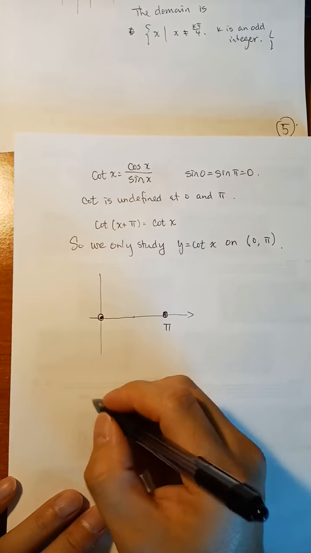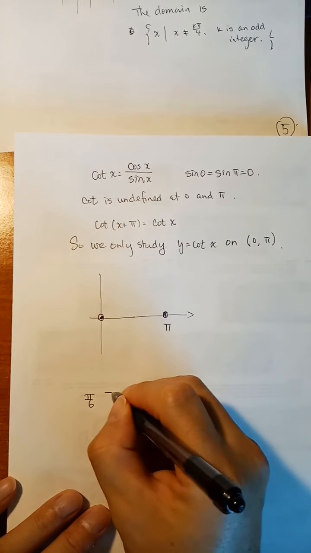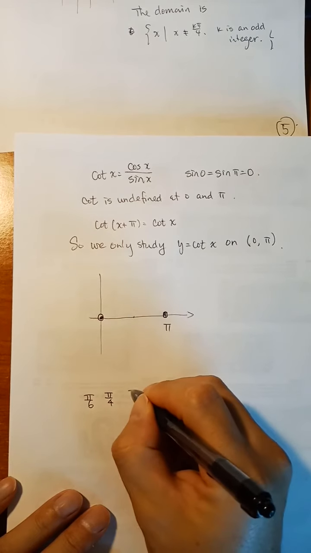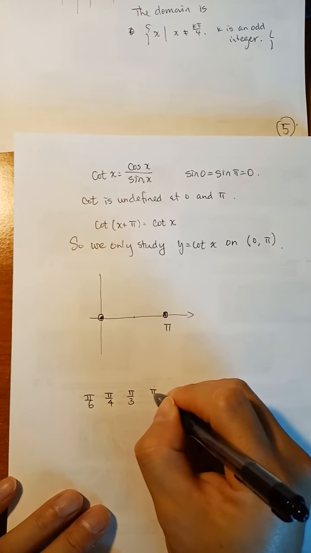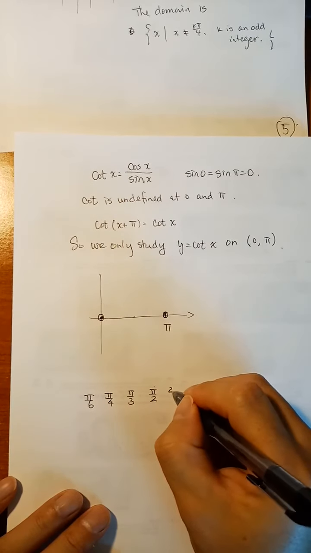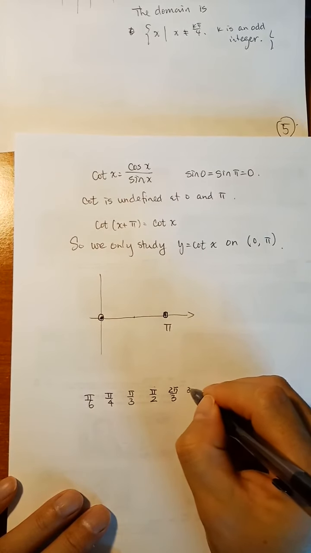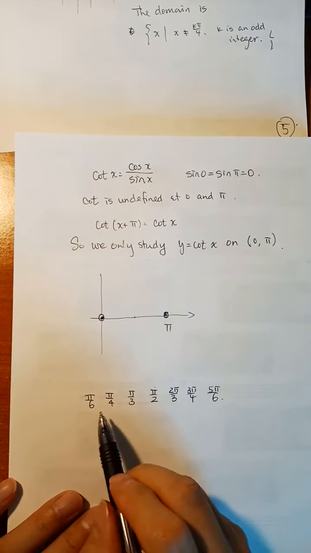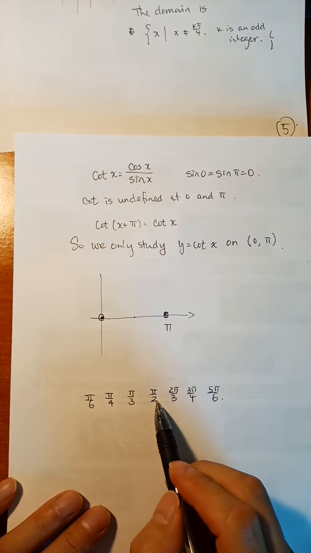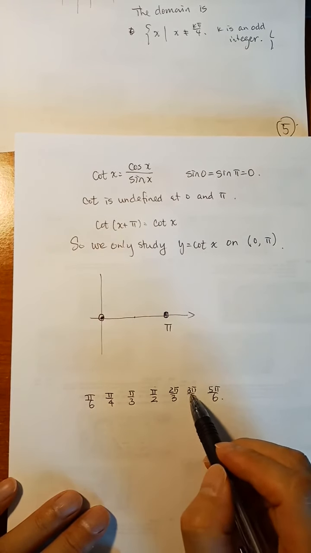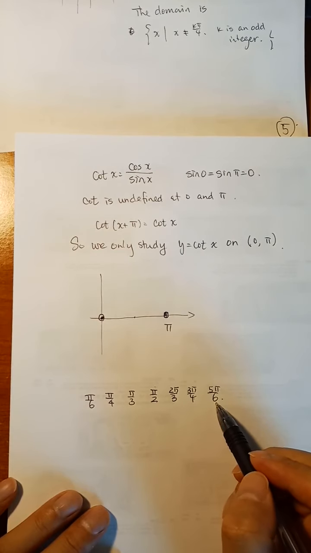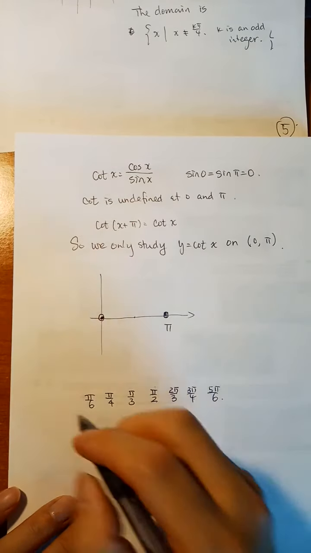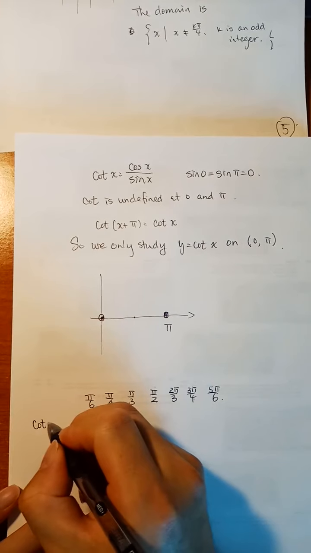So the table is the following: pi over 6, pi over 4, pi over 3, pi over 2, and 2 pi over 3, 3 pi over 4, and 5 pi over 6. So how do we get it? 6, 4, 3, 2. And then you have 2, 3, 3, 4, 5, 6. Okay?